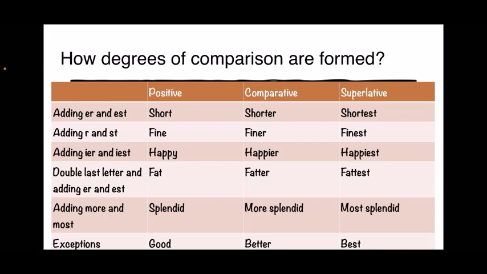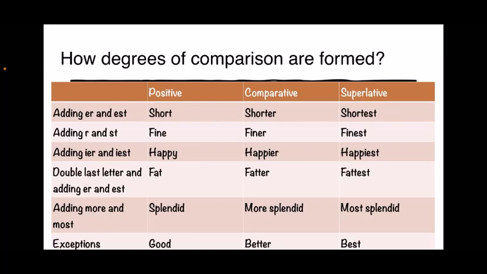Now the word given in positive degree column is short. To make it into comparative degree, we will add er: shorter. To make superlative degree, we add est. It becomes shortest. The next rule is adding r to make comparative and st to make superlative.